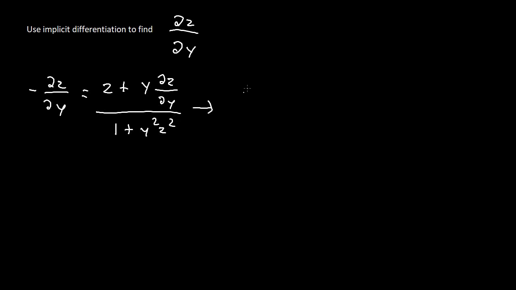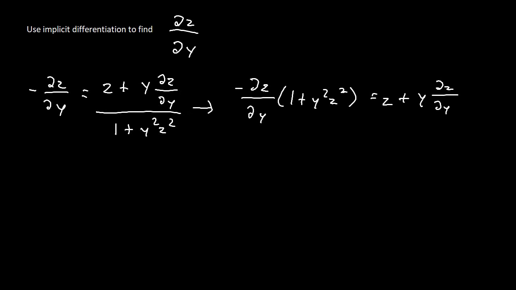I'm not going to distribute the partial derivative, so we'll get the partial derivative of z with respect to y times 1 plus y squared z squared, and that's going to equal z plus y times the partial derivative of z with respect to y. Now the next thing I'm going to do is subtract this term over to the left side.